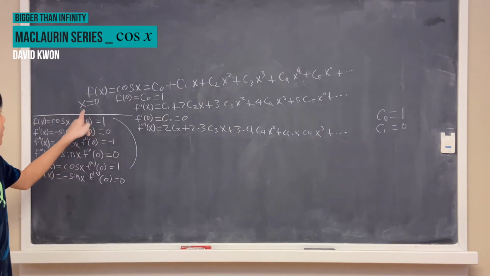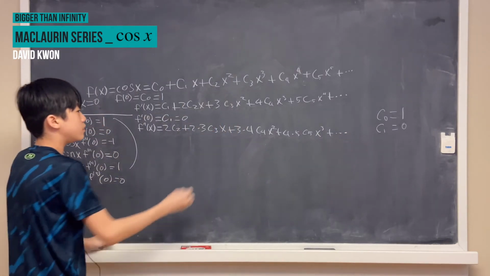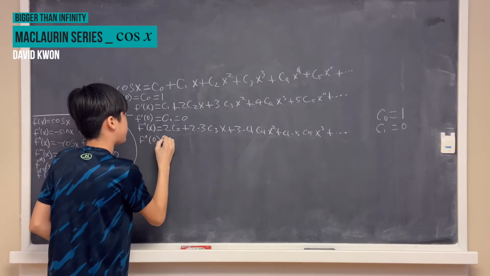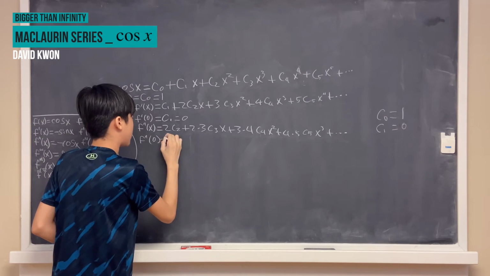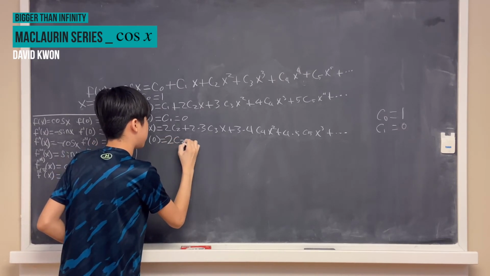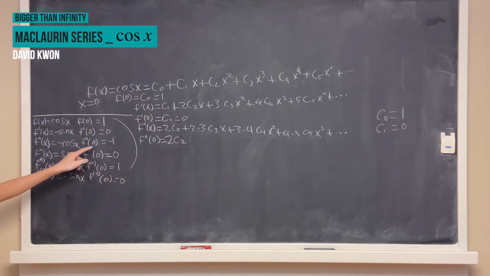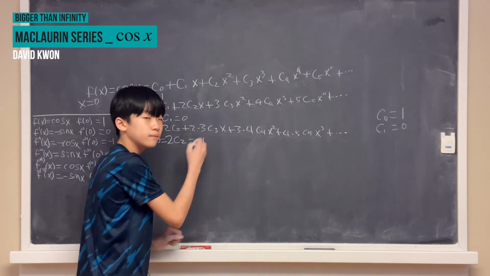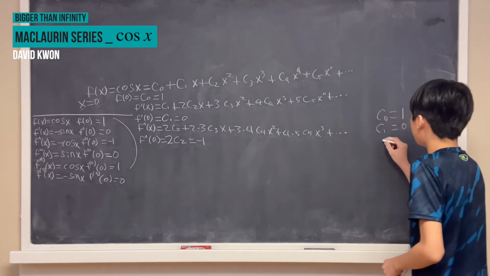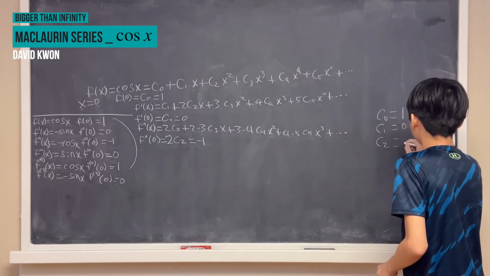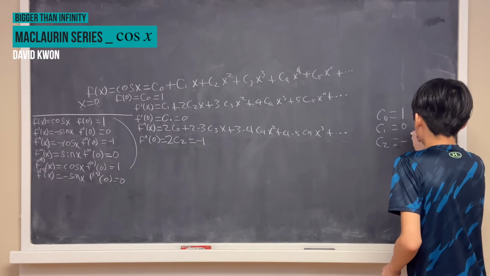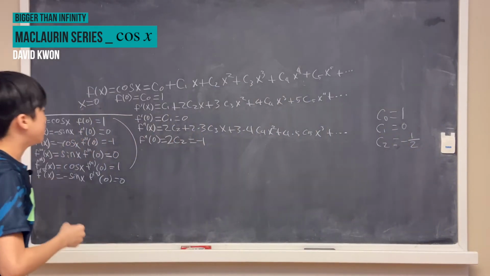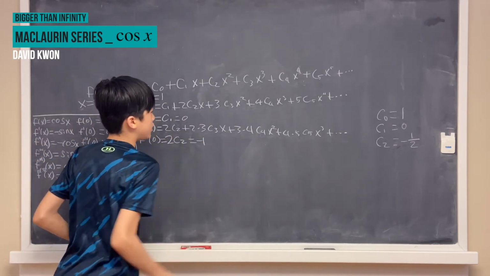Again, setting x equal to 0, what is left over in f double prime 0 is 2 times c sub 2. Here it says that f double prime 0 is equal to negative 1, so 2 times c sub 2 is equal to negative 1. So our value for c sub 2 is negative 1 over 2. Now we will differentiate this function again.